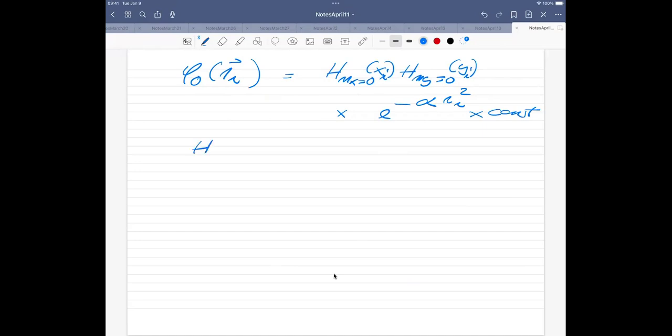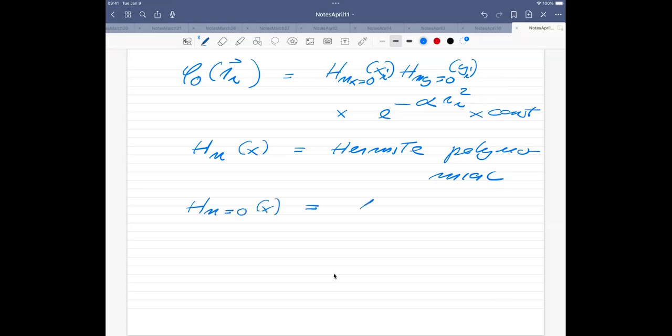So this constant is just a normalization constant, which is not so important for us. Now H of nx is a Hermite polynomial, and when I set n equal to 0, that is simply equal to 1.